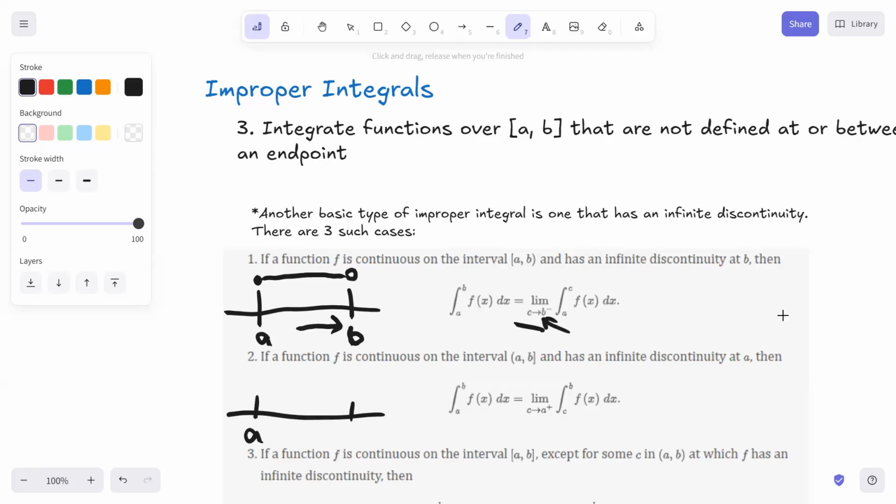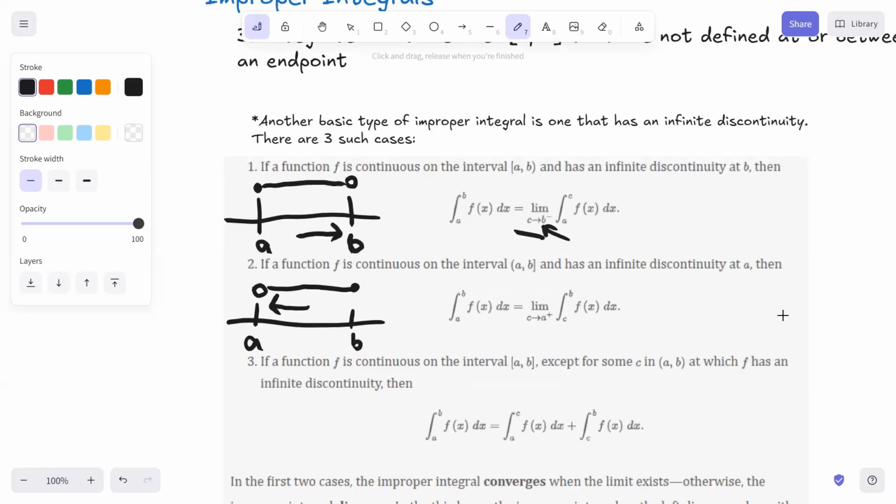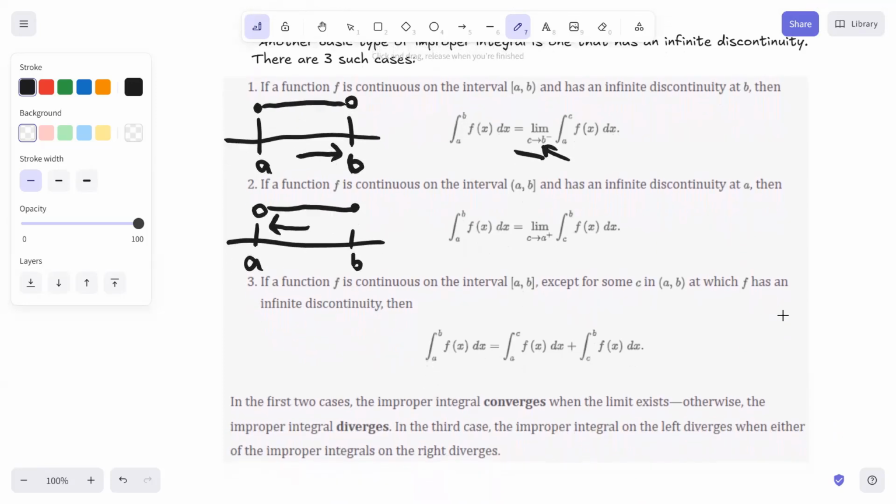If your limits are a and b, but the function is not defined at a and is defined at b, then you're going to have to rewrite it as the limit as c approaches a from the right. In the third case, where both the upper and lower limits result in infinite discontinuities, you're going to have to do two separate integrals, split it at some point in between, and let it approach one of them from the left and the other one from the right.